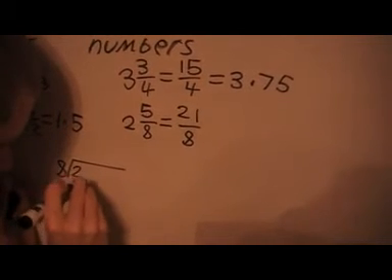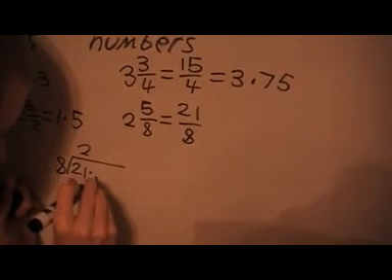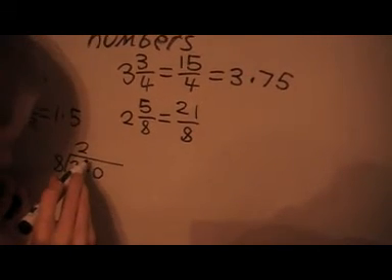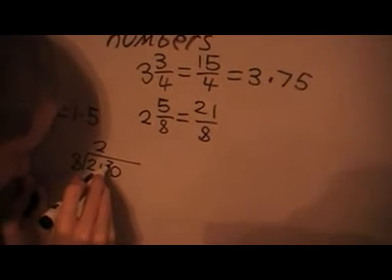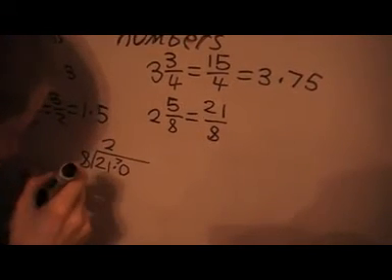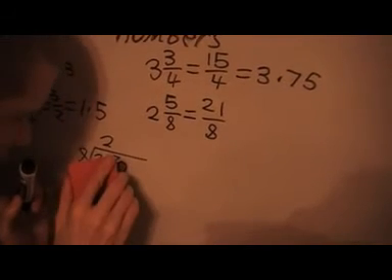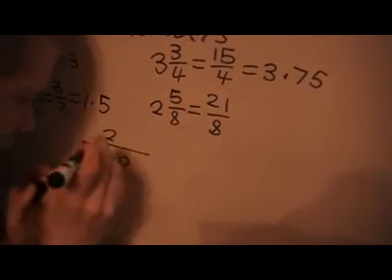8 into 21, that's going to go 2. And we're going to have a remainder of 5.